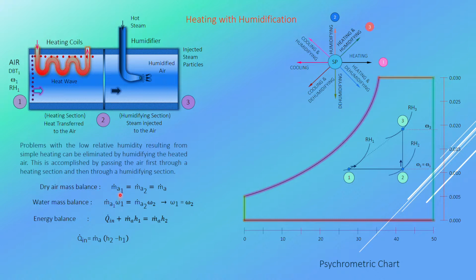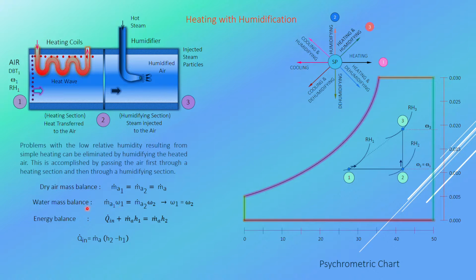And then you can relate that to water because omega is equal to what? Mass of water vapor over mass of dry air. So if we want to find the mass of water vapor, or how much water is extracted or removed, then you have to change the mass flow of air by multiplying by omega, which gives you the mass flow of water vapor.